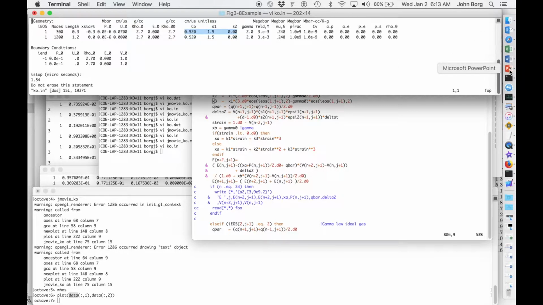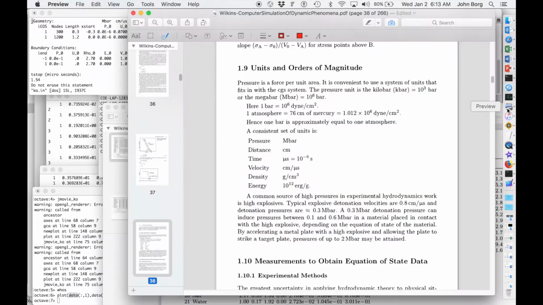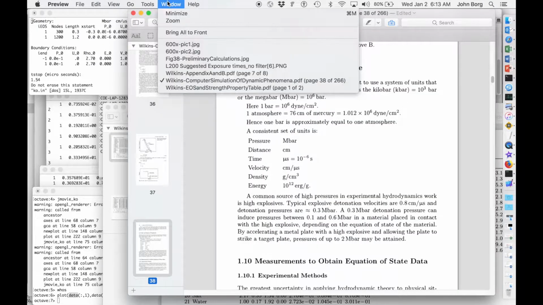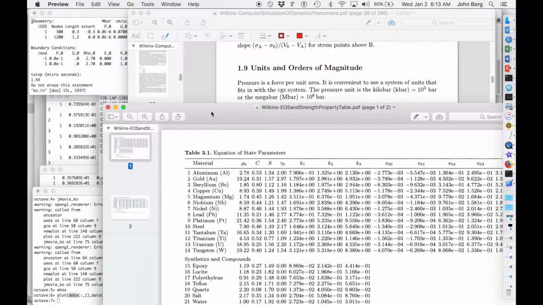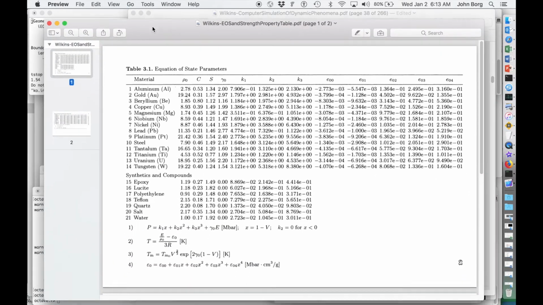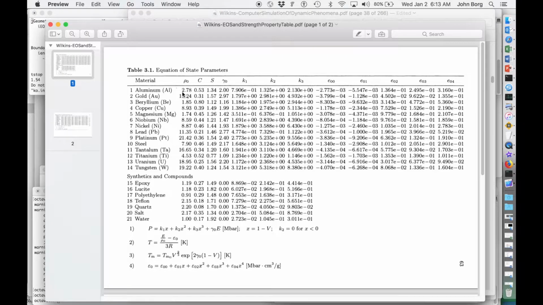And if you want to look at those, a good source for that is in Wilkins' book. He lists here on table 3.1 all of the various material properties that you need really to run KO. So here's the density in the right units, the bulk sound speed, S, and gamma, that's the Mie-Grüneisen gamma.